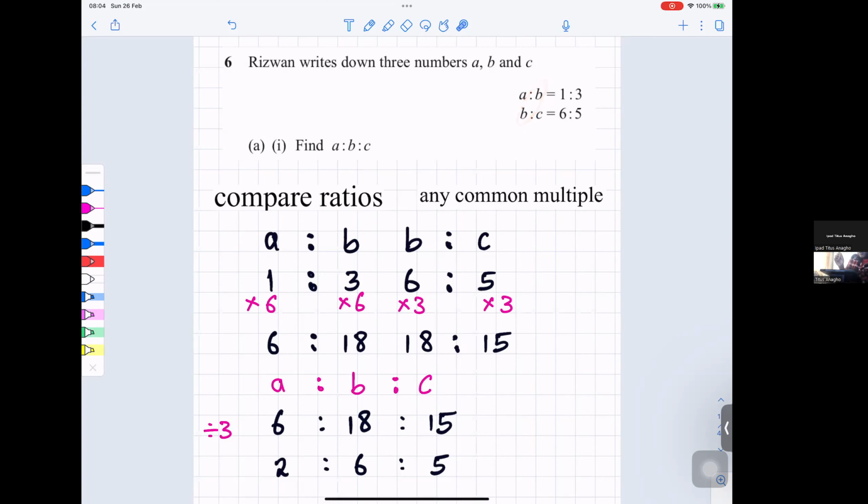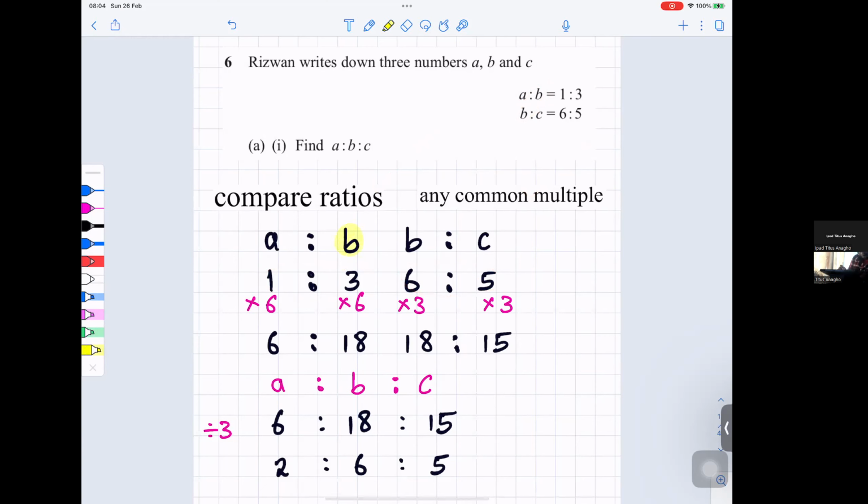So we want to compare ratios and we can use any common multiple. They both have B in them. So A is to B is 1 is to 3. B is to C is 6 is to 5.